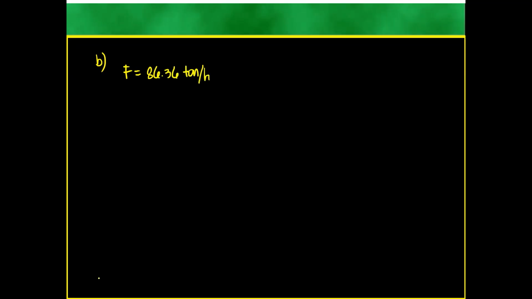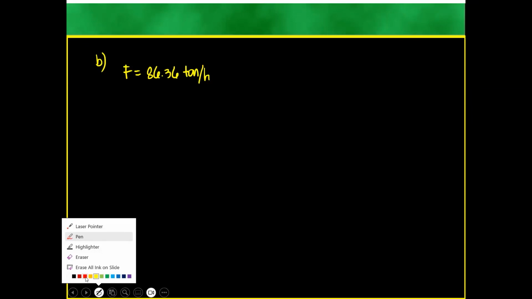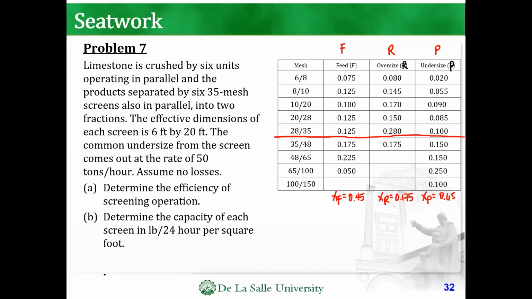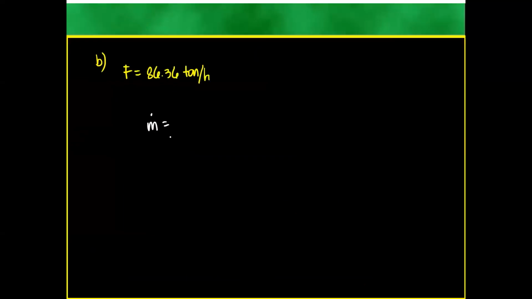Right? Therefore, the capacity of the screen, how much the screen can handle, is a mass flow rate. Because the capacity that's being asked to solve for is pounds per square foot per 24 hours.